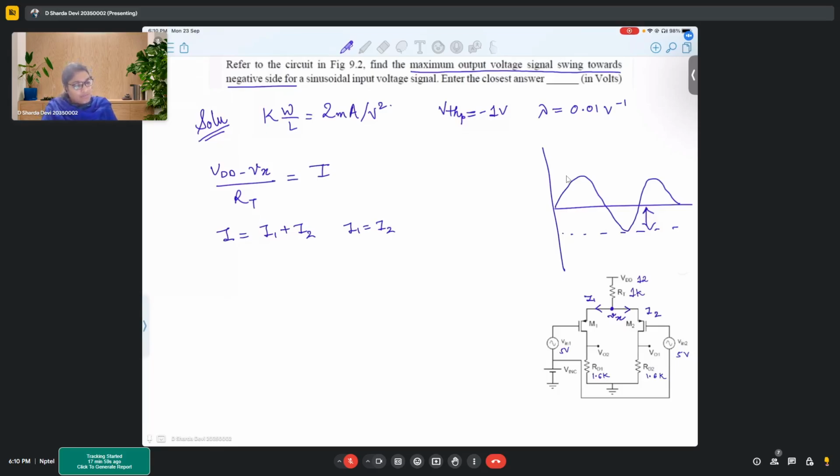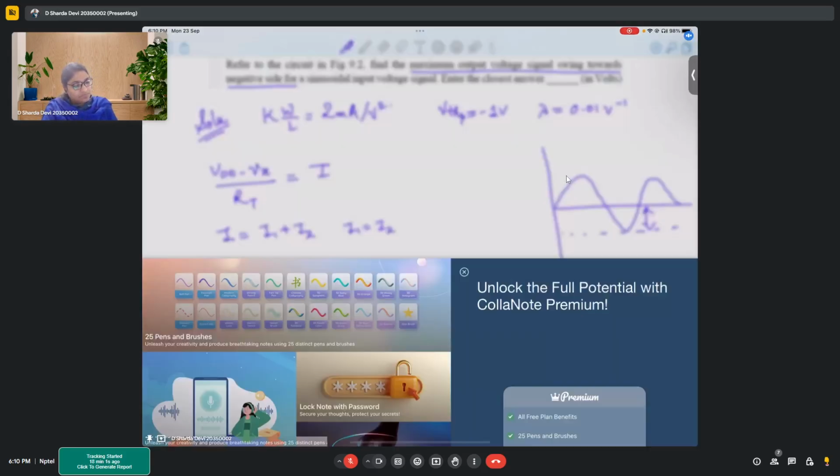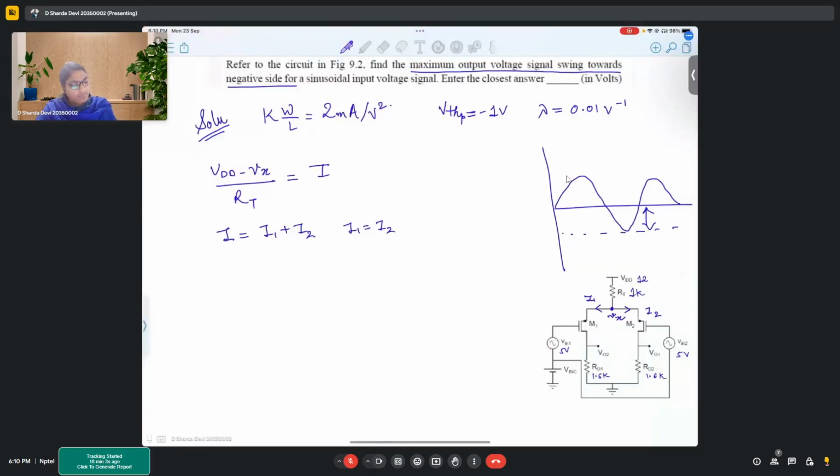Now, if we observe from here, I1 is also the current flowing through a transistor. So I can write I1 as kW by 2L times (V_SG minus mod V_THP) whole square.